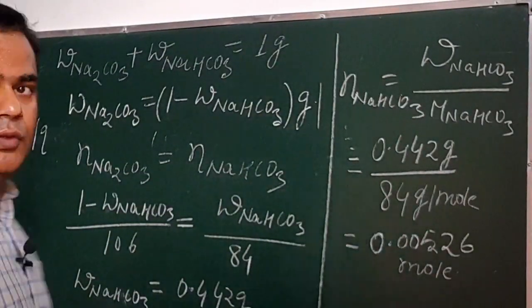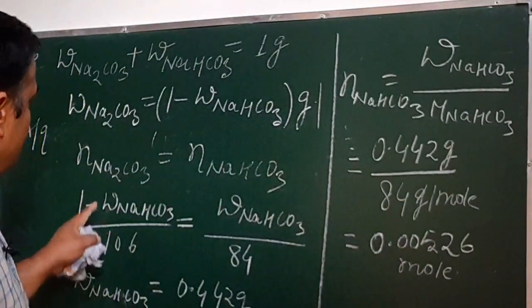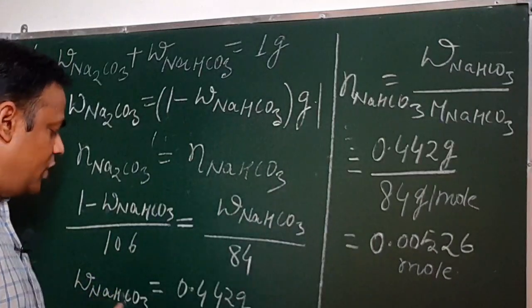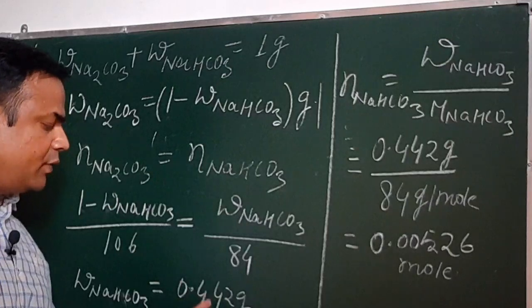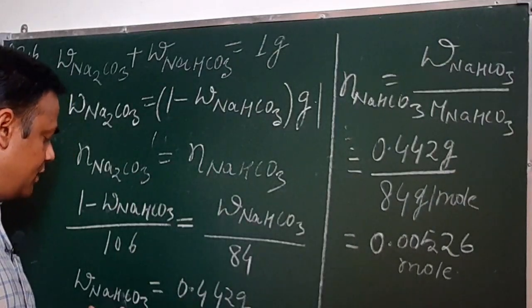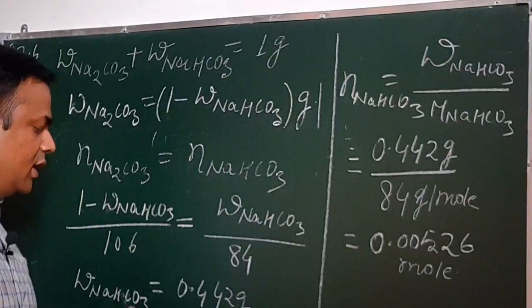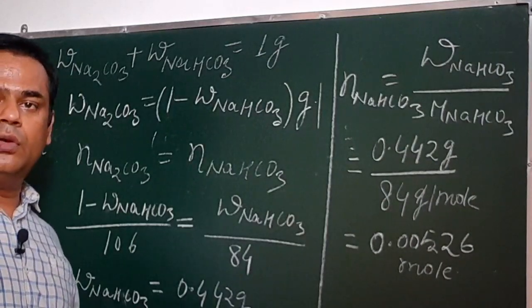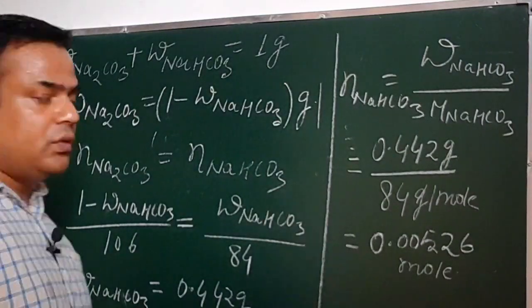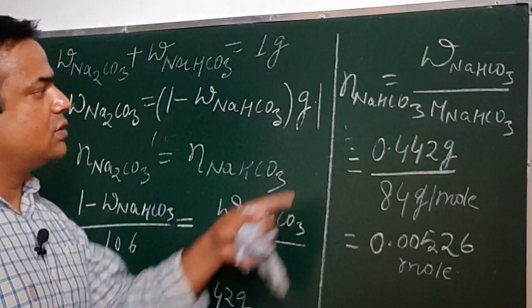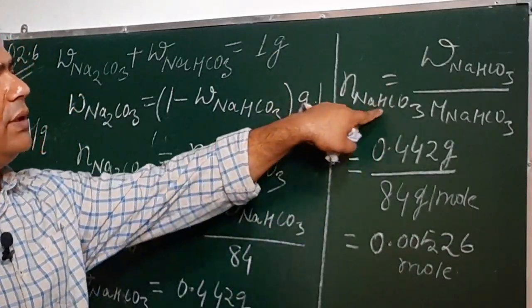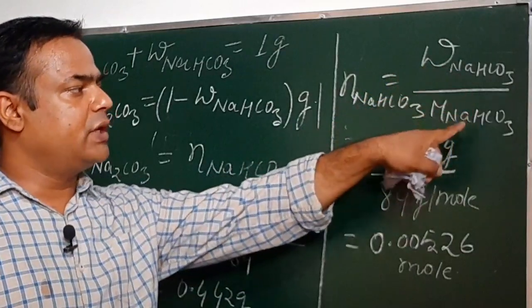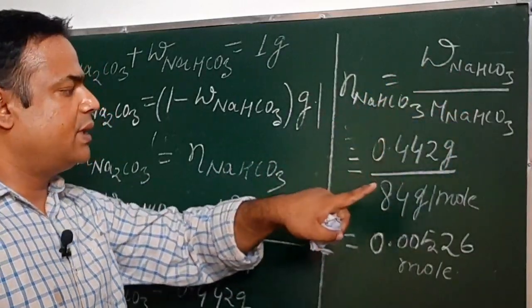So in this question you can see that from here, if we calculate W of NaHCO3, then this W of NaHCO3 will be 0.442 gram. The mass of sodium bicarbonate NaHCO3 will be 0.442 gram. If we know the mass, we can calculate moles. So the number of moles of sodium bicarbonate will be mass of sodium bicarbonate divided by the molar mass of sodium bicarbonate.